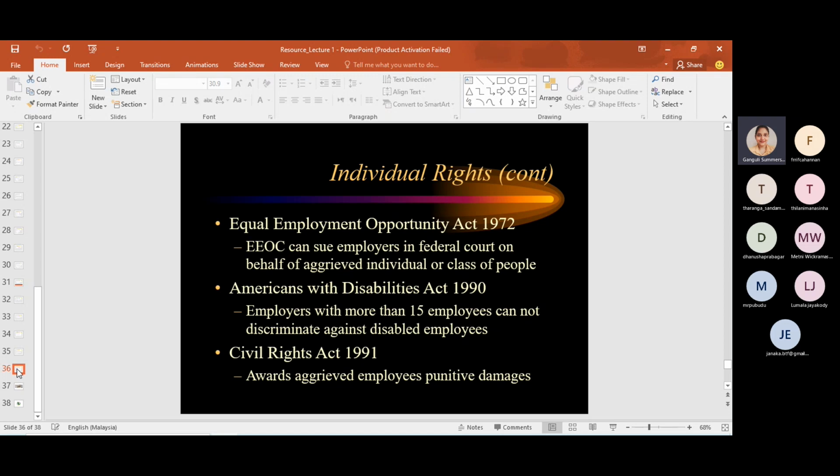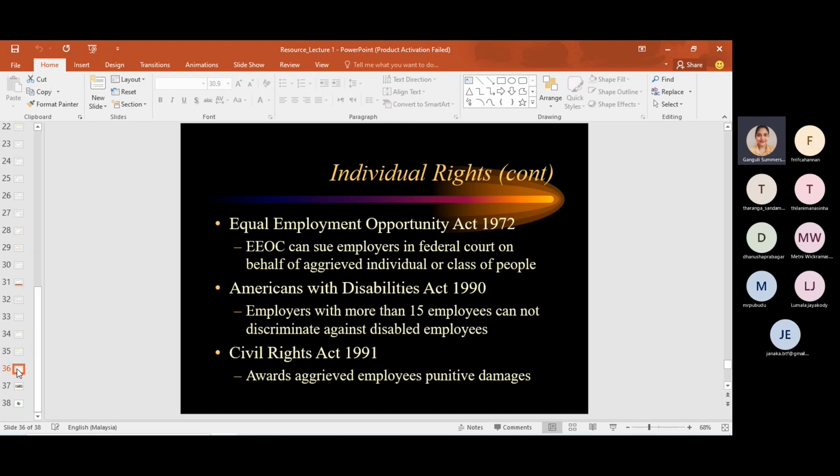That is the main teaching of this act. It basically tells you that workers should not be discriminated against for having disabilities. And then we have the Civil Rights Act made in 1991.